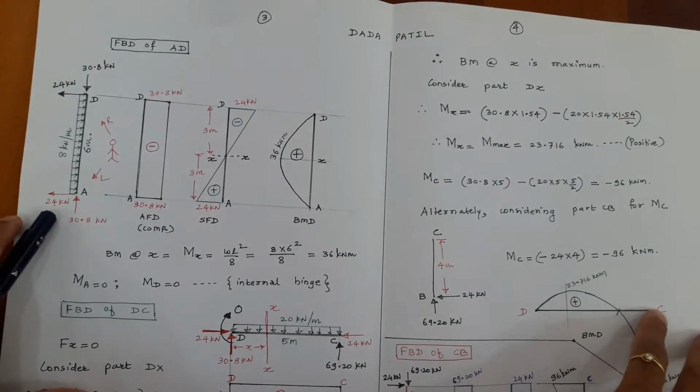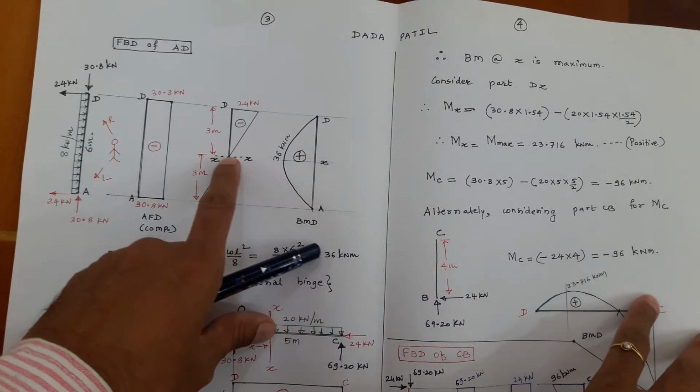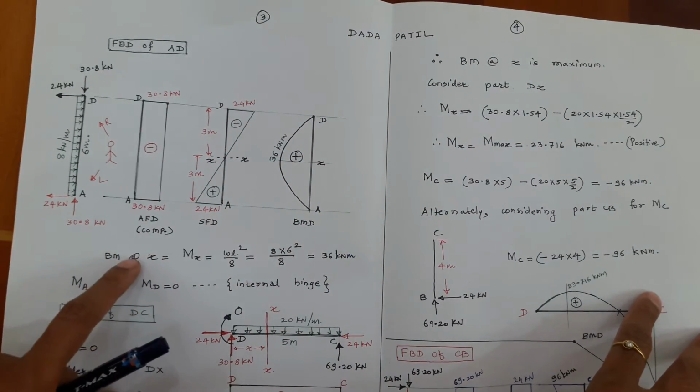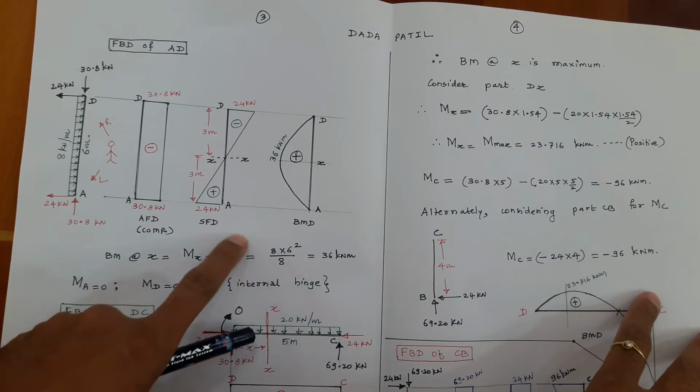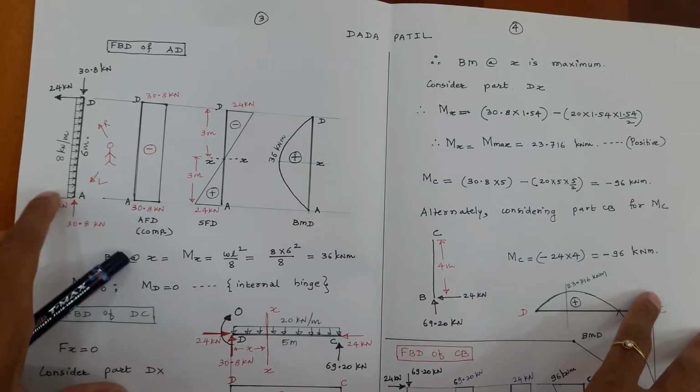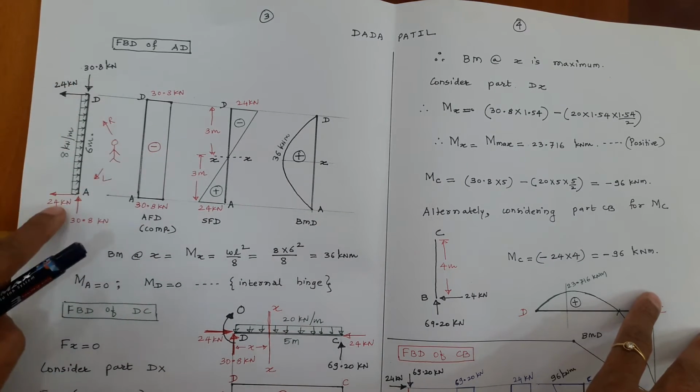Now, we know that where the shear force becomes 0, bending moment becomes maximum, and therefore, for the bending moment at x, we can directly use the formula for a simply supported beam, because coincidentally both these forces are same.